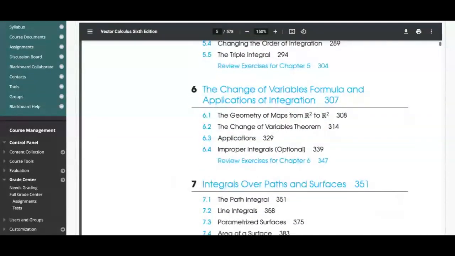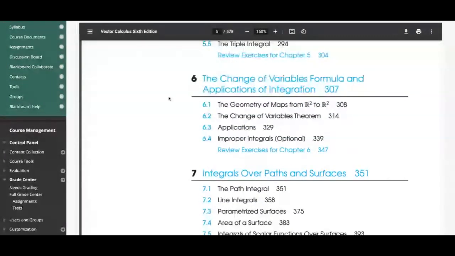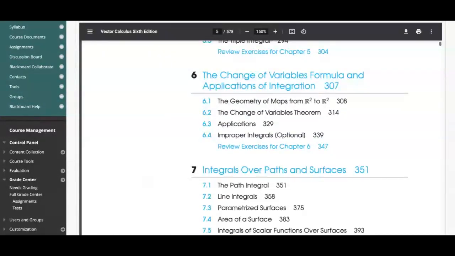So that's the purpose of changing the variable. When we change coordinates, the two coordinate systems have a relationship, which differs by a scalar, the Jacobian, which I think we touched on yesterday. Calculating the Jacobian is taking the determinant of a square matrix.